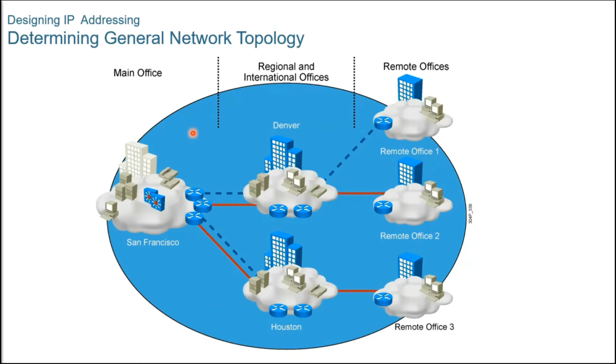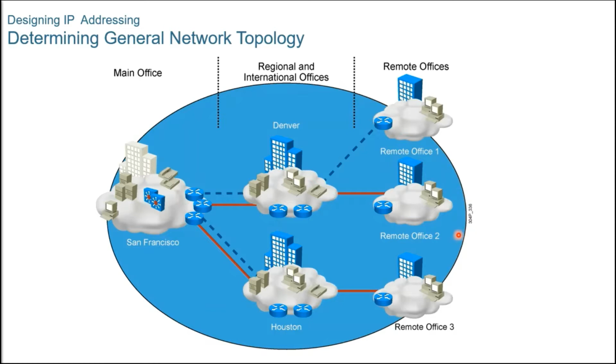Determining the network topology. Initially, the designer should acquire a general picture of the network topology. This will help determine the correct information to gather about network size and its relation to the IP addressing plan. With this general network topology information, the designer determines the number of locations, location types, and their correlations.